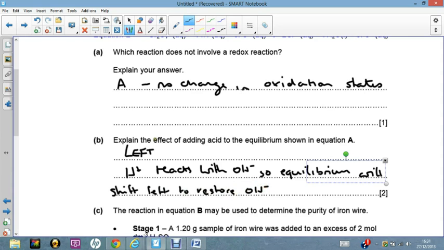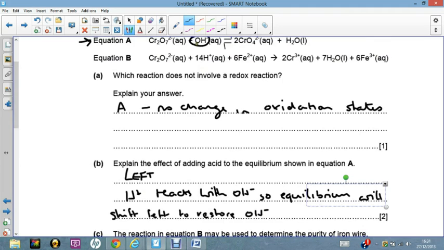Okay, so I said left, I'll get a mark for that. The reason being, H plus reacts with that OH minus, so the equilibrium is going to shift left to restore the OH minus.